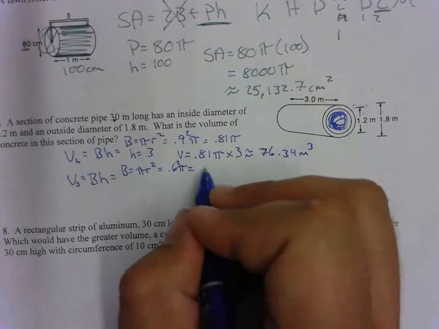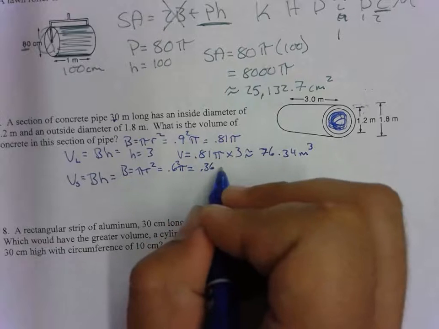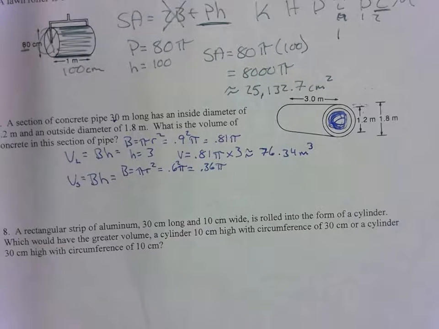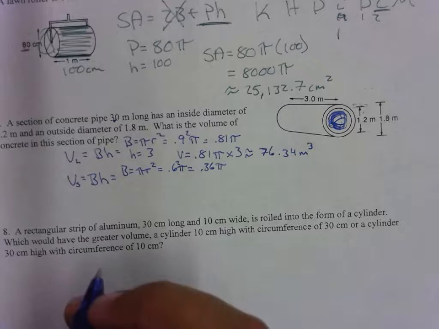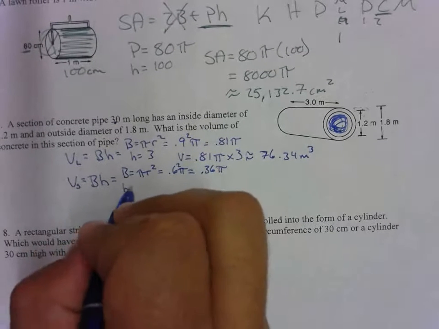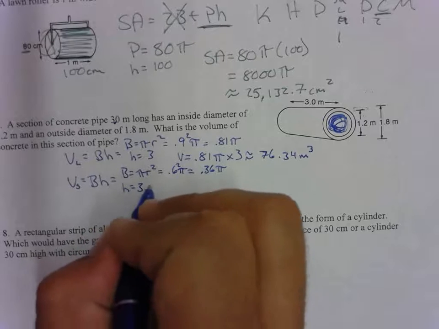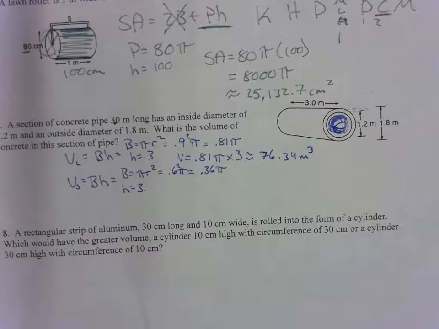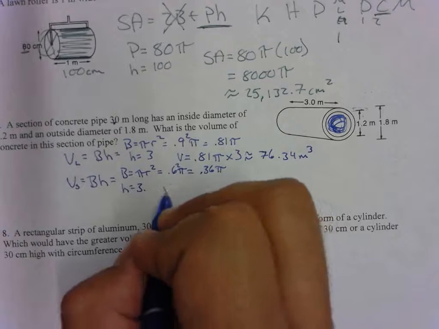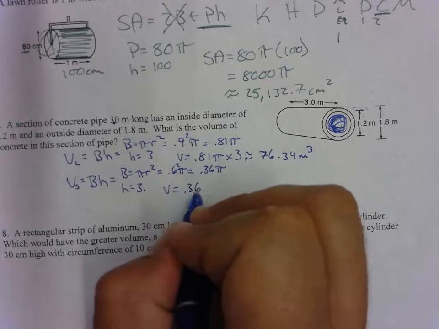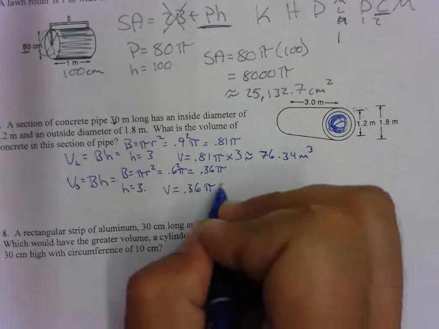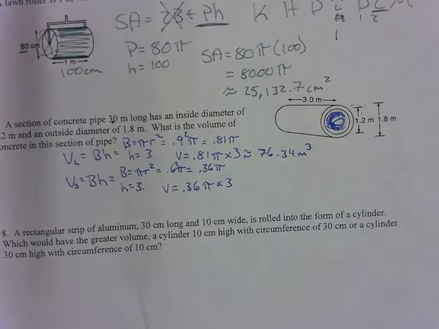What is 0.6 squared? 0.36. So the area of the base is 0.36 pi. The height does not change because it's the same length, so it's 3. Now the volume is 0.36 pi times 3.